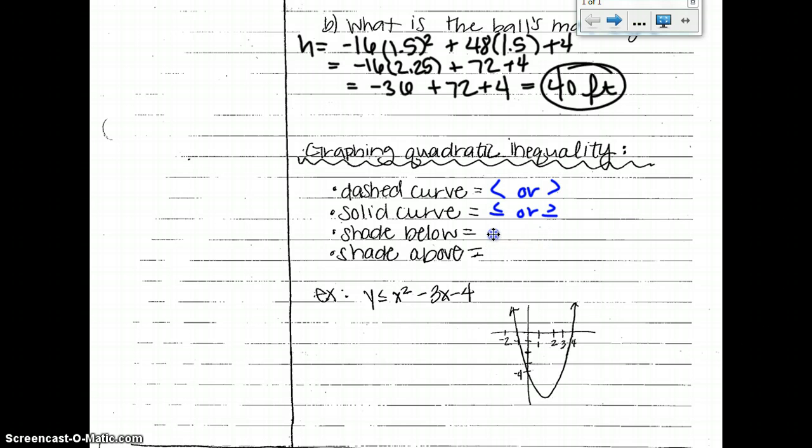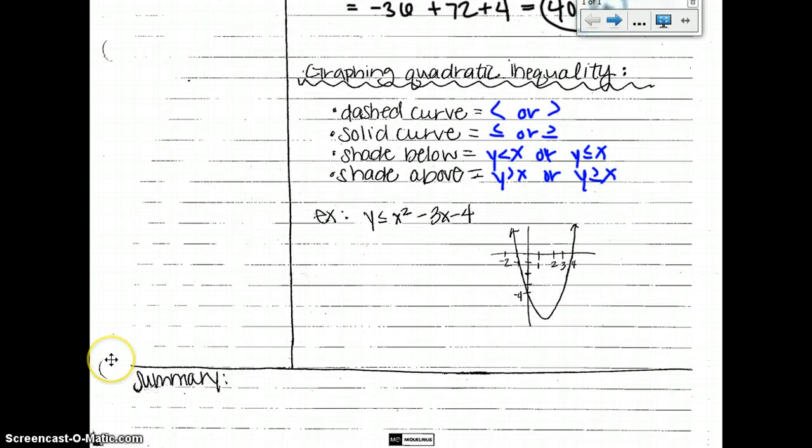You shade below if your function is less than, or, oops, this must be an or, less than or equal to, and you shade above if your function is greater than, or greater than or equal to.